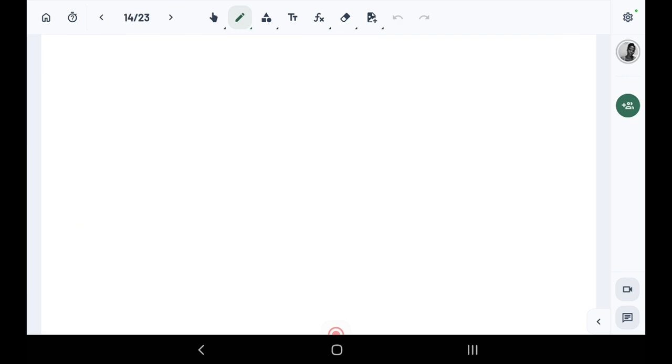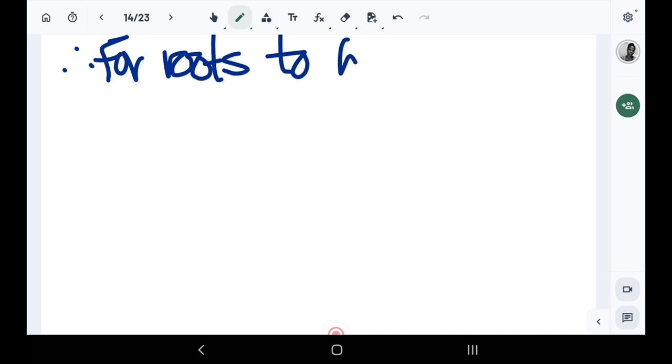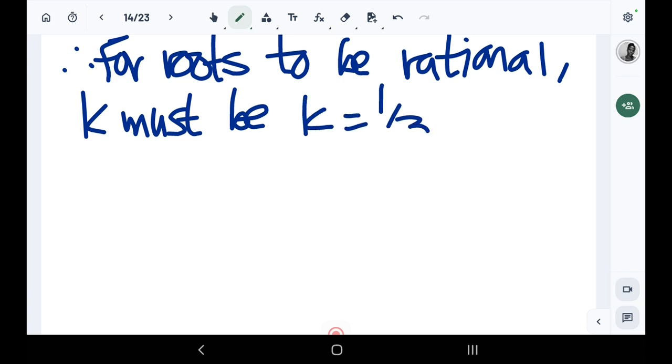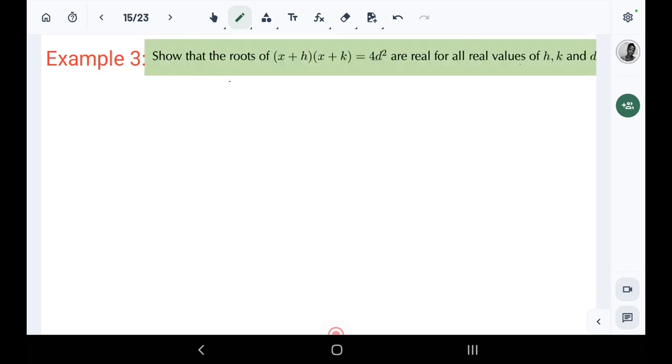Meaning that for roots to be rational, k must be 1 over 3. And that's how you answer that question.